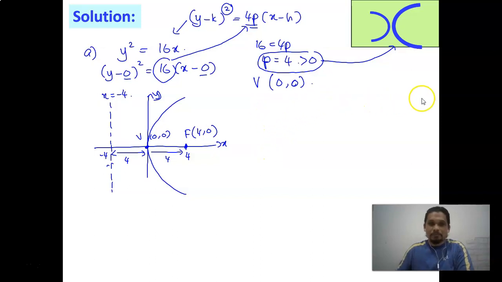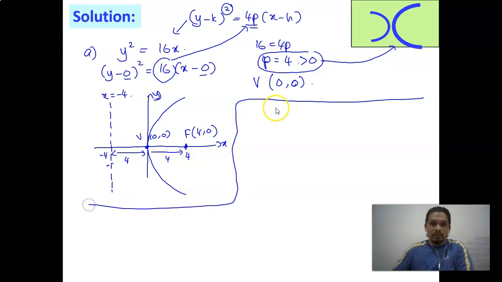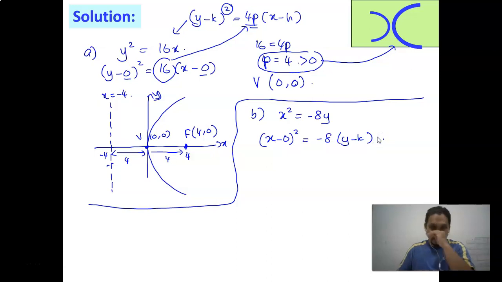Now for example 2, B: x squared equal to negative 8y. We compare with the equation x minus 0 squared equal to negative 8 times y minus k.